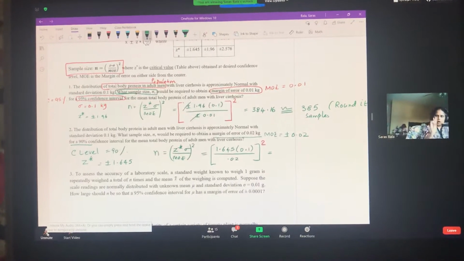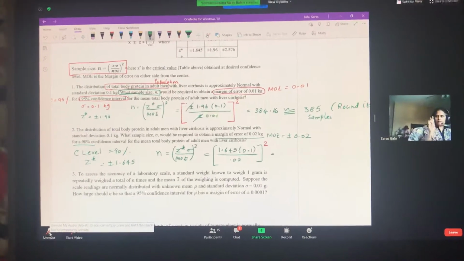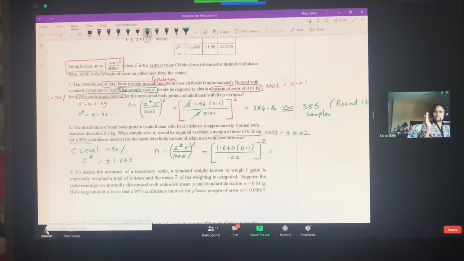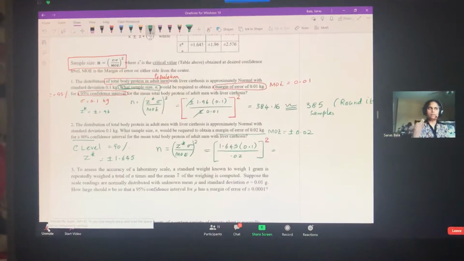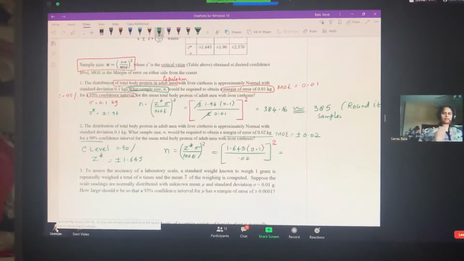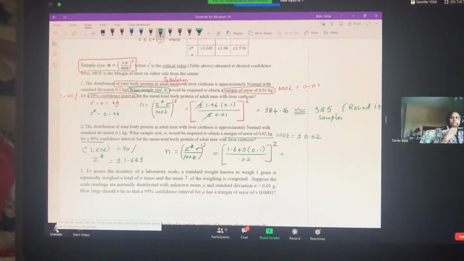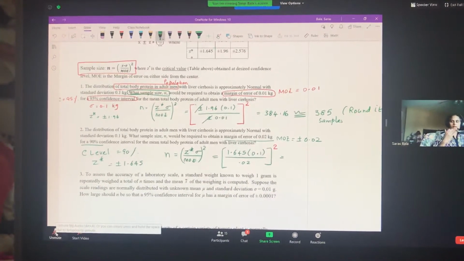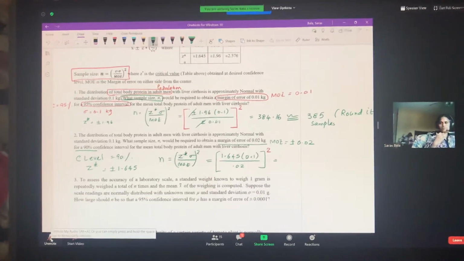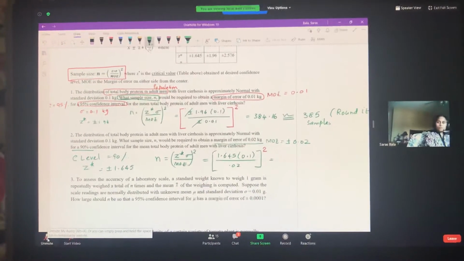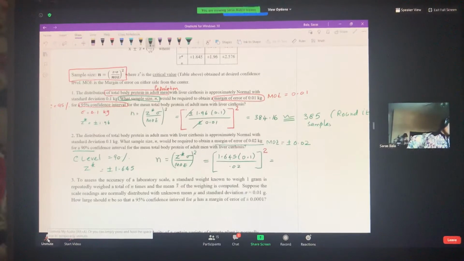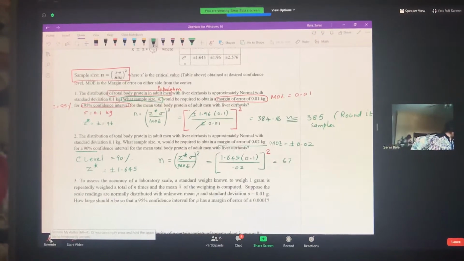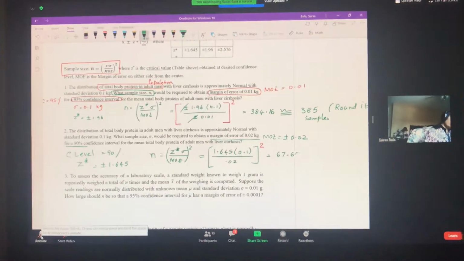So just see the difference. Just about 0.01 margin of error I'm increasing. That's a fixed number that I have. And then the sample size is going to be almost like 1/4. Is that right? Or 1/5, I would say 1/5. It reduced to 1/5. So this is going to be 67.65, approximately 68 samples.